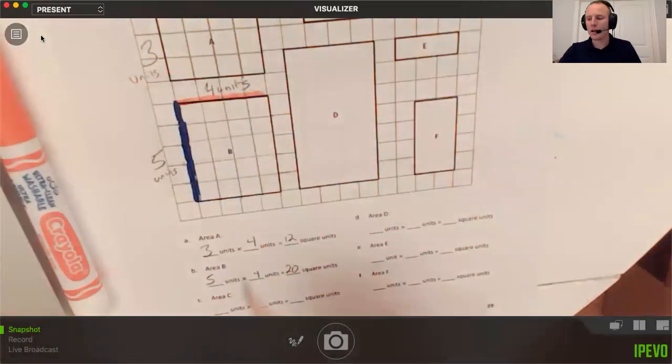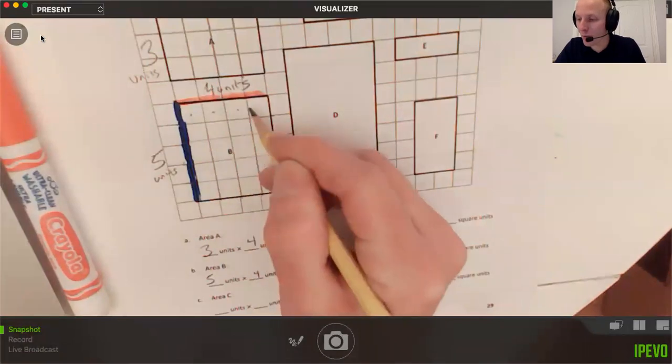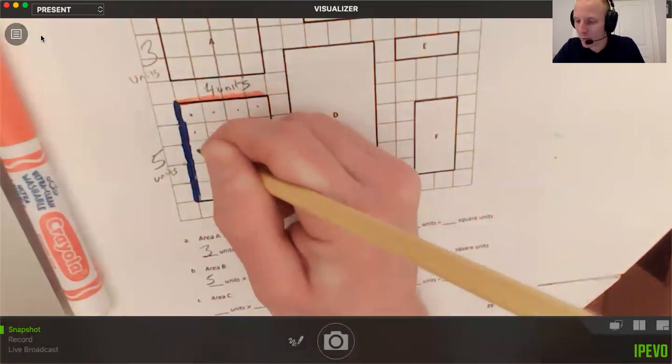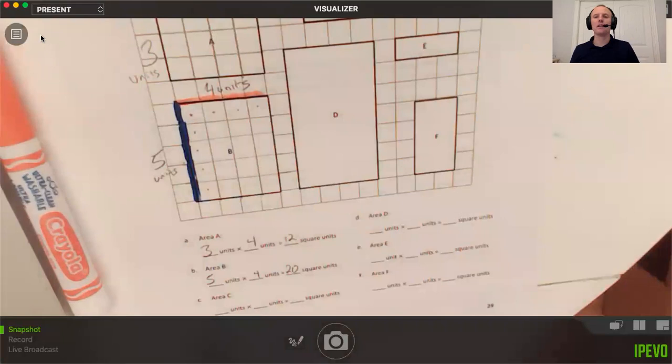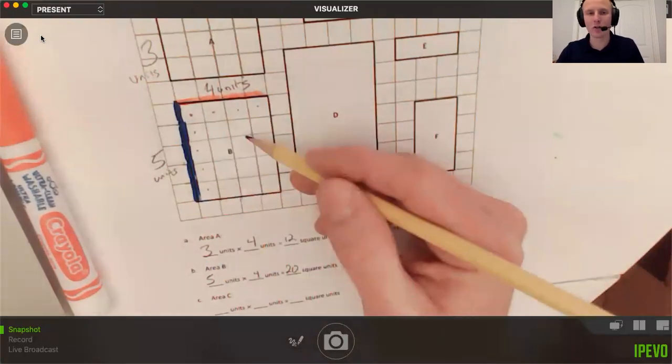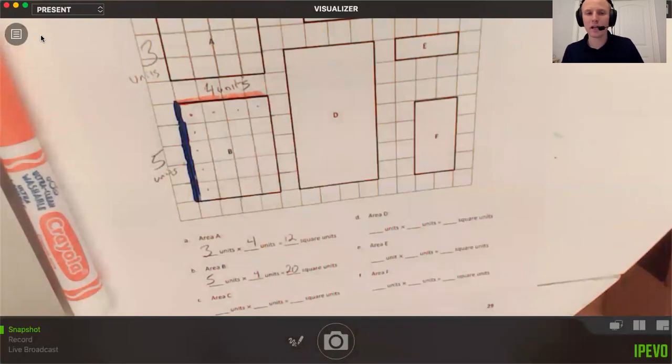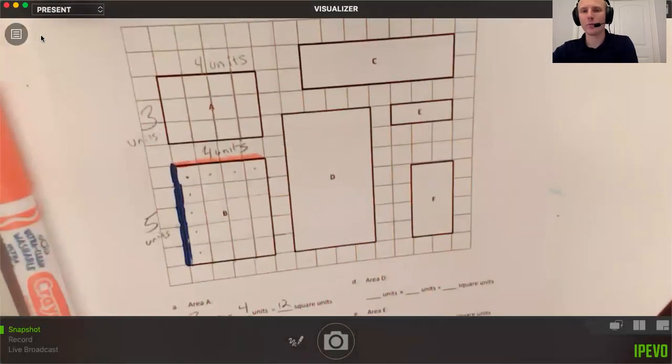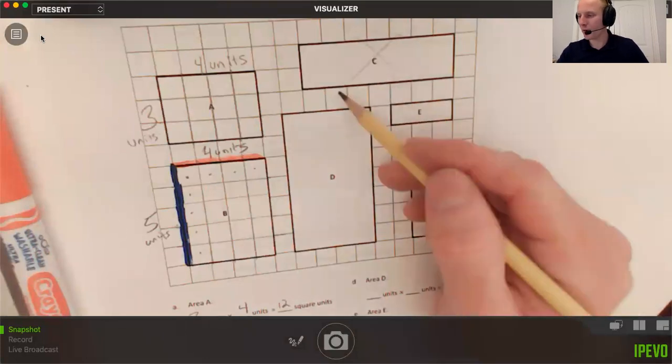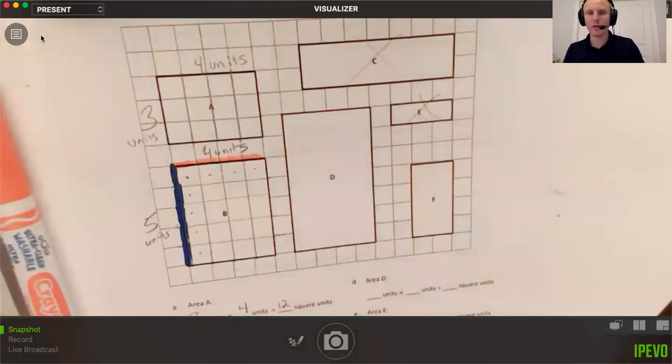I could have done that and then said 1, 2, 3, 4, and then 1, 2, 3, 4, 5. But the answer is the same either way. It doesn't matter that I draw the grid in there. So if you understand how to do the multiplication without drawing the grid, by all means, go ahead and do that. Let's do a couple more of these. Let's do D. We'll skip C for now, and we'll skip E. We'll do D and F.